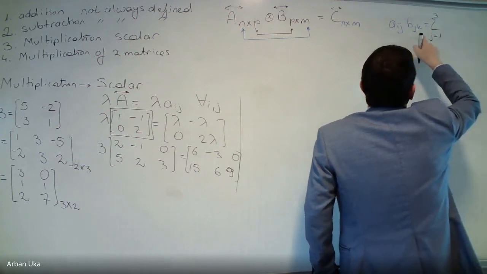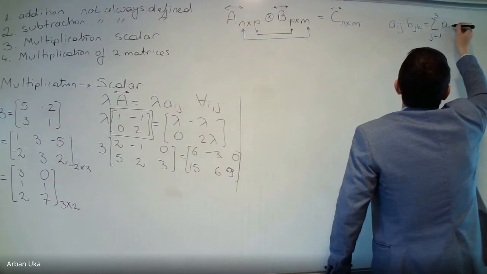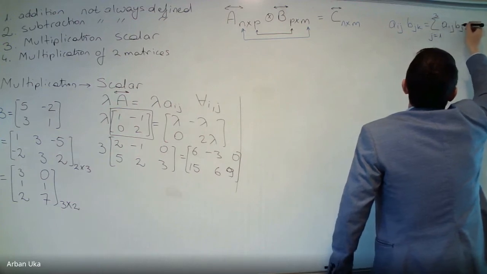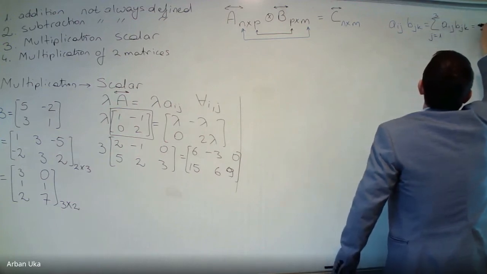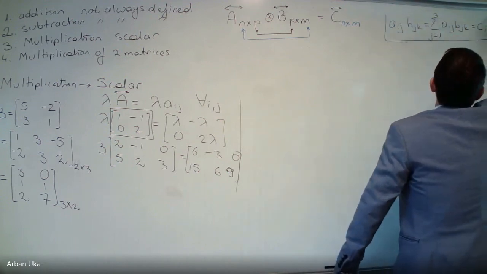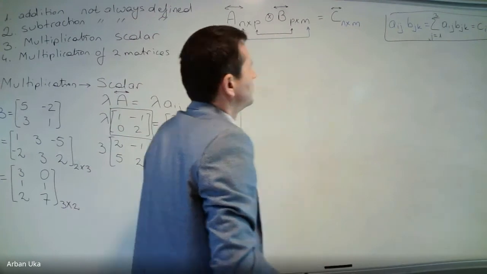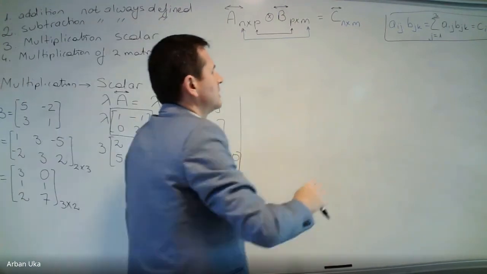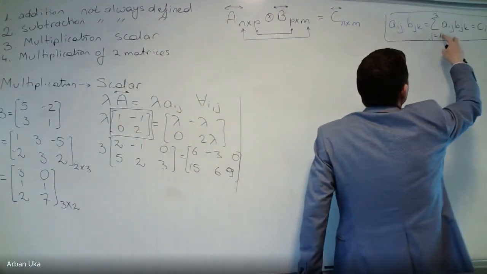Let's say j is 3. So this is A_ij B_jk, and this is going to be C_ik. So in fact, this expression is equivalent to this.